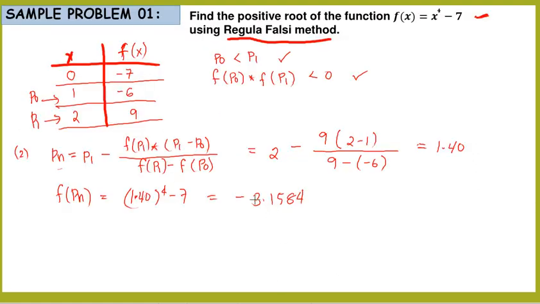Okay? So looking at this, we have a negative value. So yung next iteration natin, which is yung n is equal to 2.